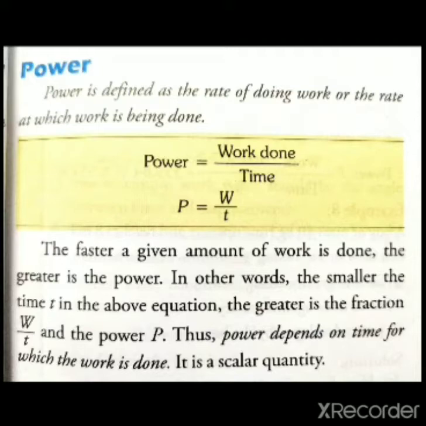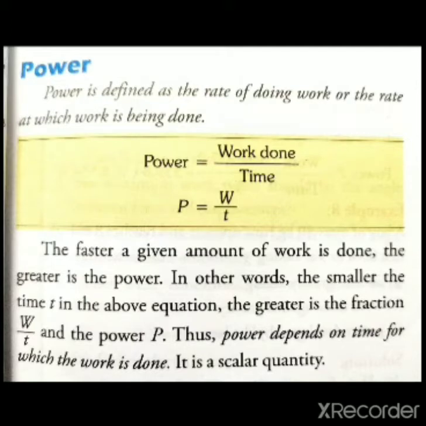Power. It is defined as the rate of doing work, or the rate at which work is being done. That means power is equal to work done divided by time. That means in how much time, how much work we can perform. That one is called power. The faster a given amount of work is done, the greater is the power.